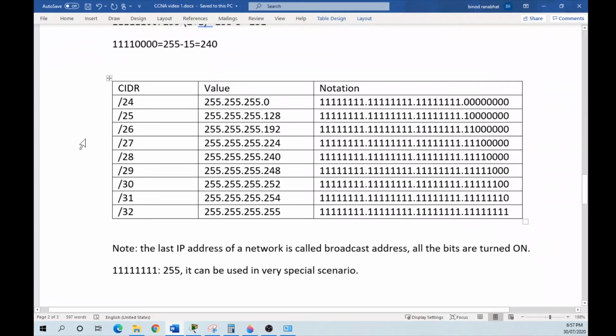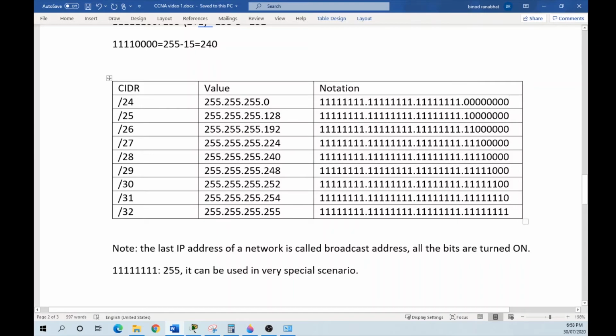So when I refer to this table, similarly /26 would be 255.255.255.192, /27 will be 224 at the end, /28, 240 at the end, /29, 248 at the end, /30, 252 at the end, /31, 254 at the end, and /32.